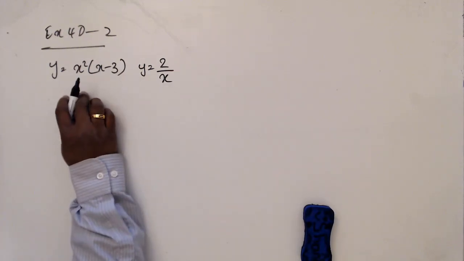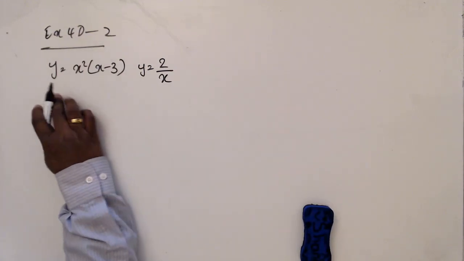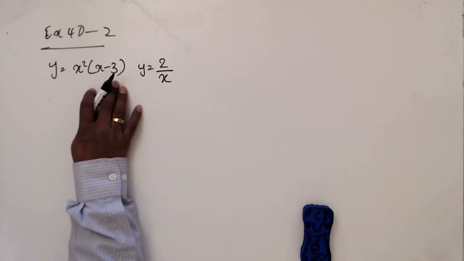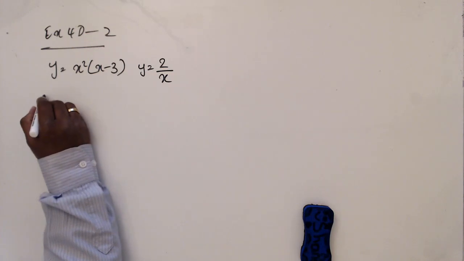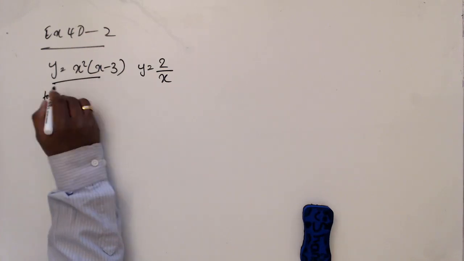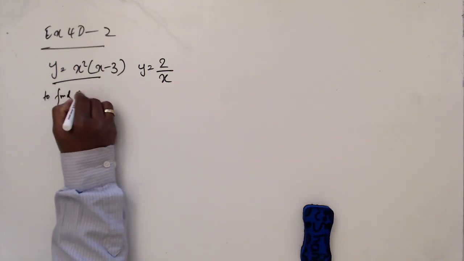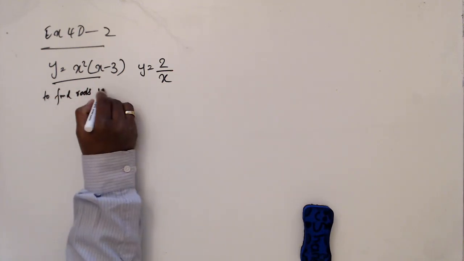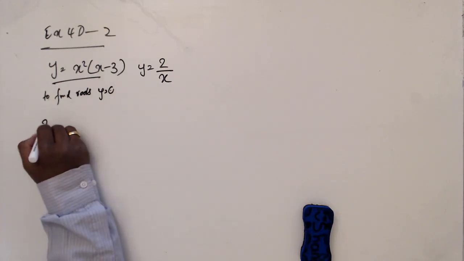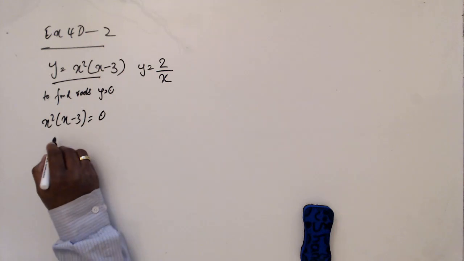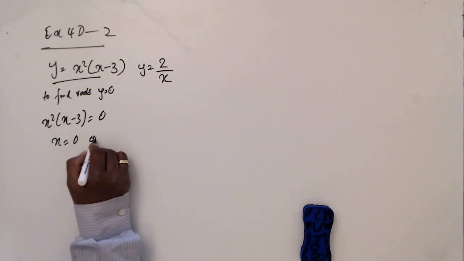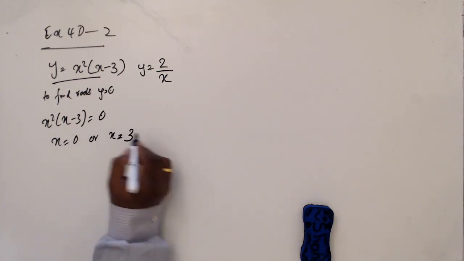Exercise 4D, question number 2. Initially, we want to sketch those two curves. I'll consider this one first. This is standard. To find roots, we make y equal 0: x squared (x minus 3) equals 0, then x equals 0 or x equals 3.